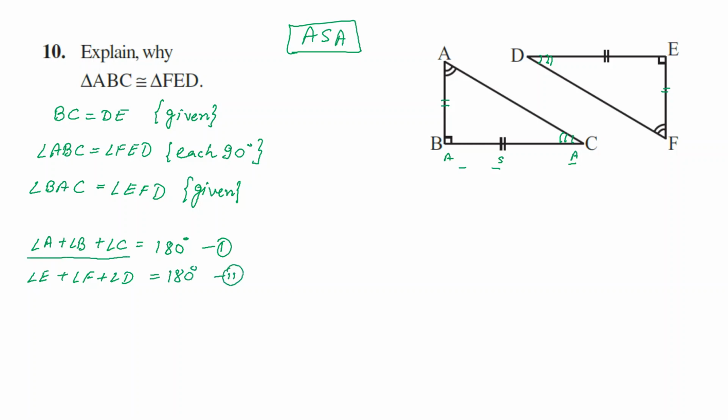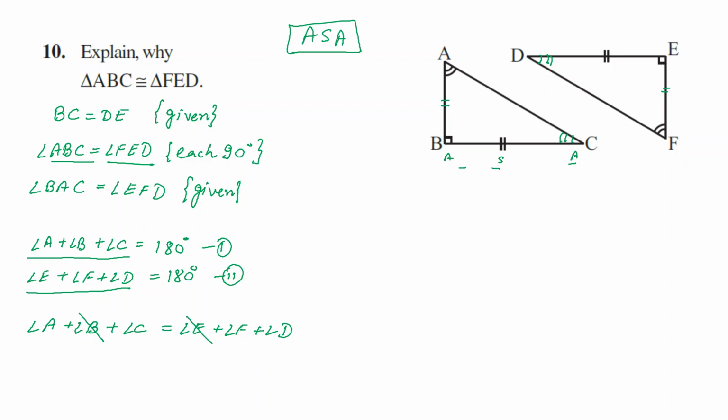So now this is 180, this is also 180, so we can write from here that angle A plus angle B plus angle C is equal to angle E plus angle F plus angle D. Now from the things which we know, angle ABC is equal to FED, that means angle B and angle E are equal, so they will get cancelled out from here.